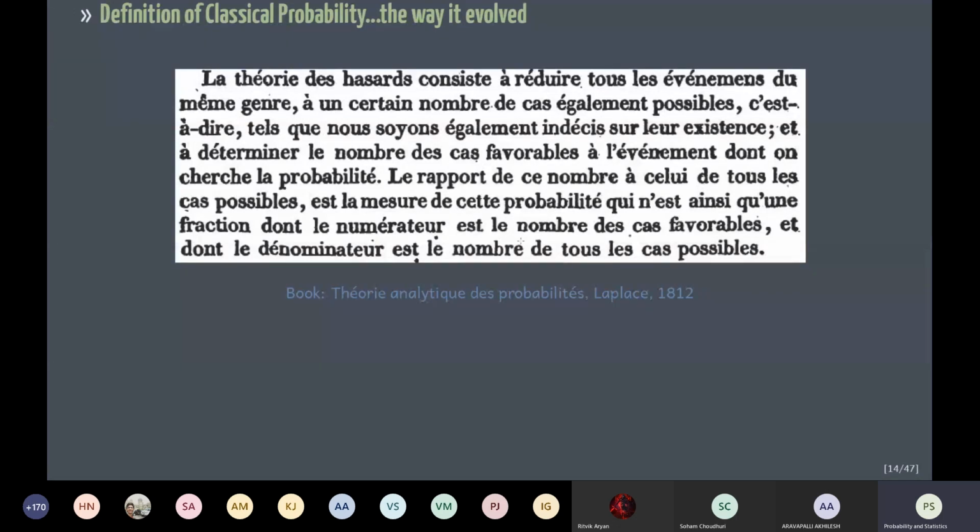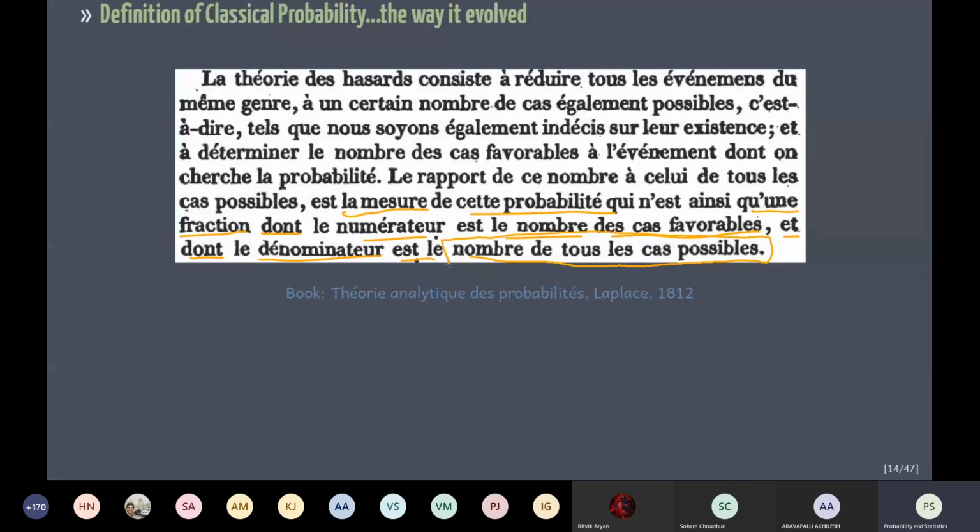So what we can find out from his work is, we can go to this line here. He is saying that probability is a measure. The measure of probability is a fraction where the numerator is the number of favorable cases, and the denominator is the number of total possible cases.